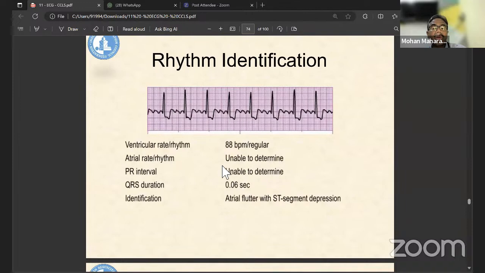Identification: atrial flutter with ST segment depression. As we told, the ST is to be measured at the J point, or J60 point, which we can discuss later. The importance of it will be told to you.